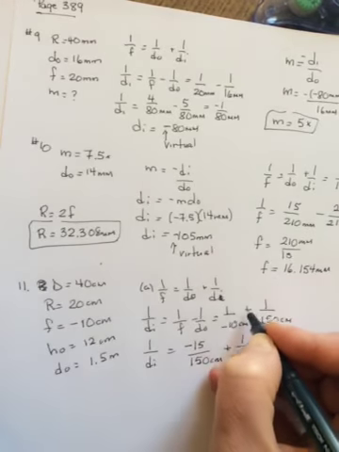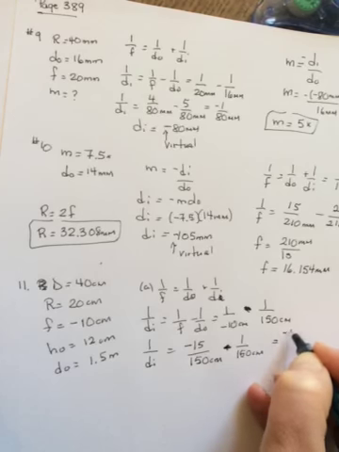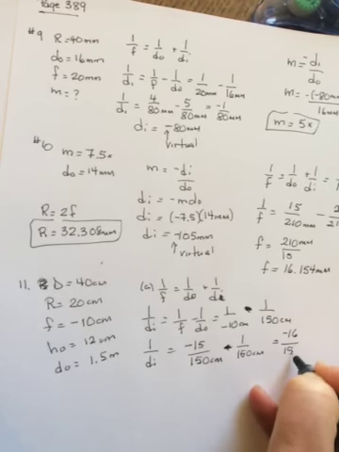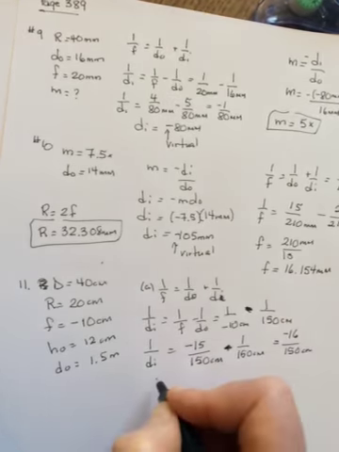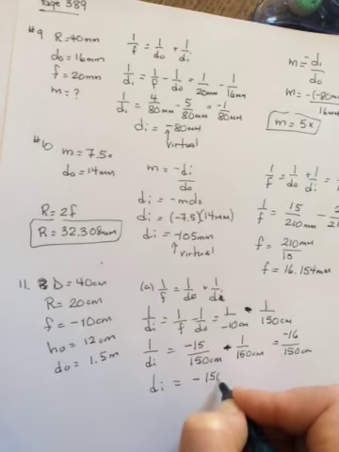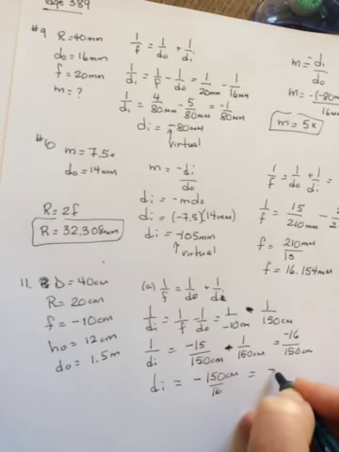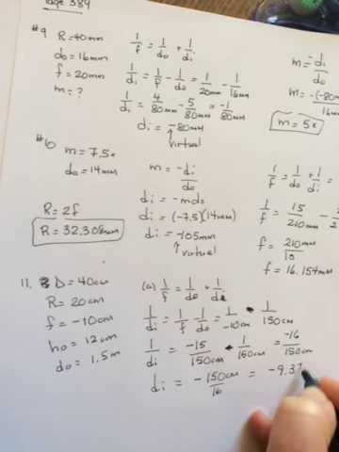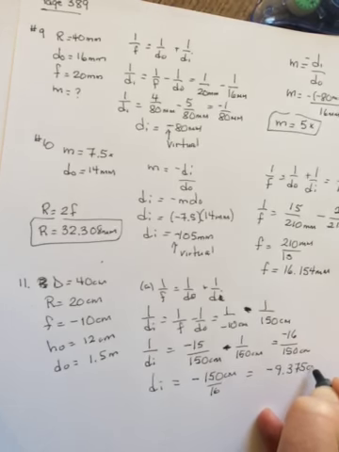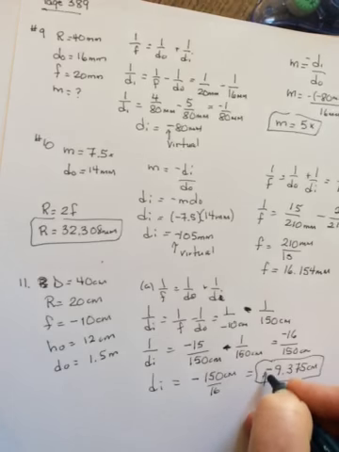Whoops, except it's a minus, isn't it, when I took that over? So negative 16 over 150. So DI is equal to negative 150 over 16. So negative 9.375 centimeters, where the negative means virtual.